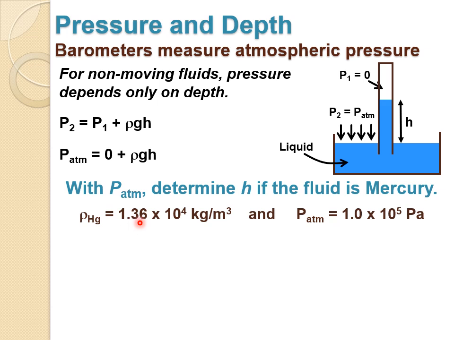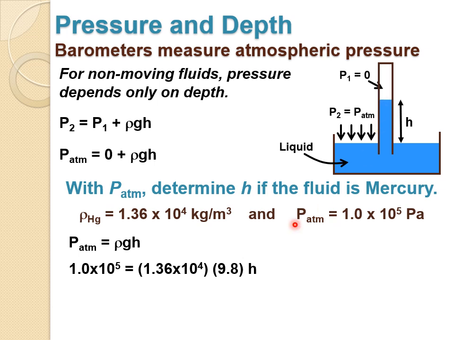That's about 13.6 times what water is, which means it takes 13.6 kilograms of water to equal the same volume as 1 kilogram of mercury. And the atmospheric pressure, as we said before, is 1.0 times 10 to the 5th. Using this equation, we figure out what the height of this column would be in order to show how much pressure is being pushed on it.